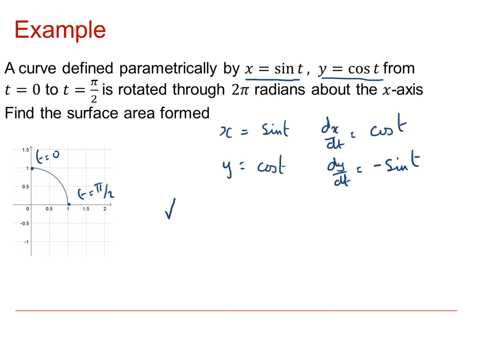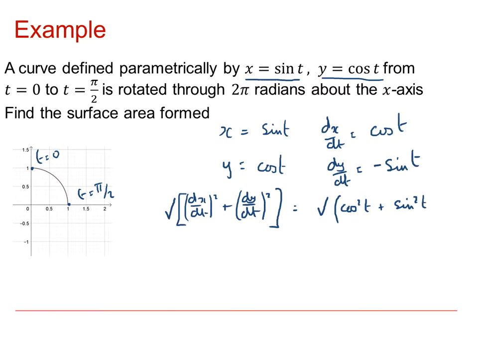The integral requires us to have dx by dt all squared plus dy by dt all squared, and then take the square root of that. So that is equal to the square root of cos squared t plus sine squared t, which of course is equal to 1.